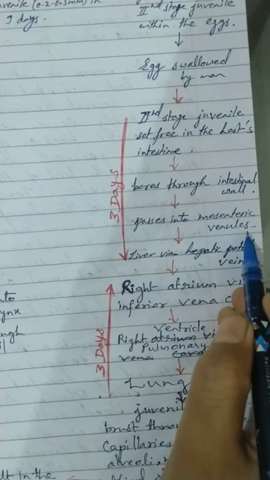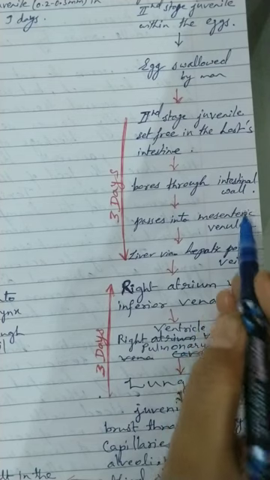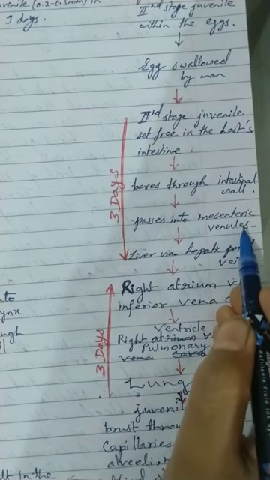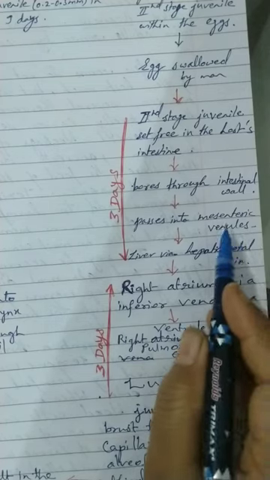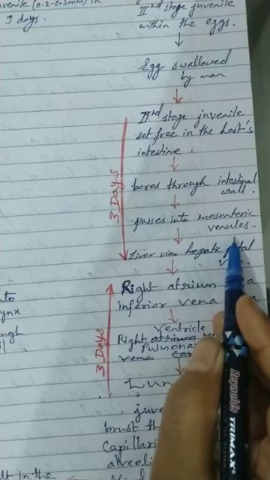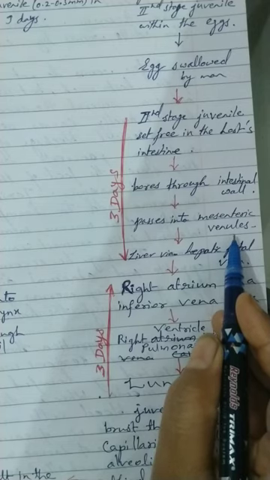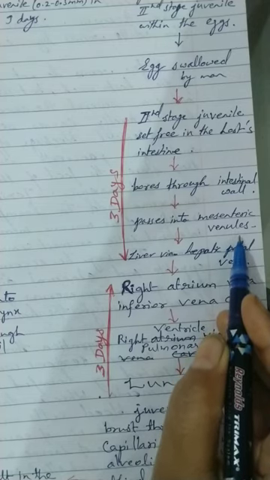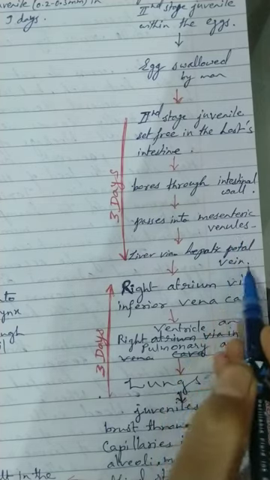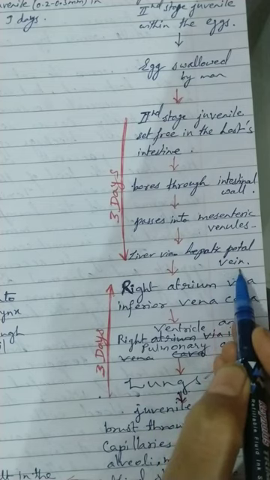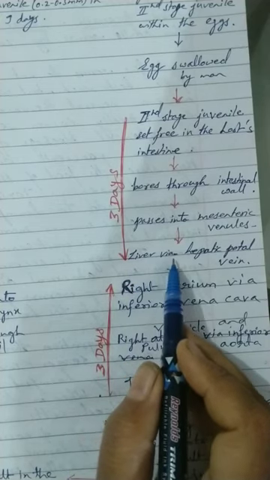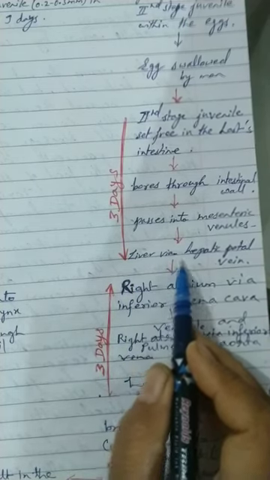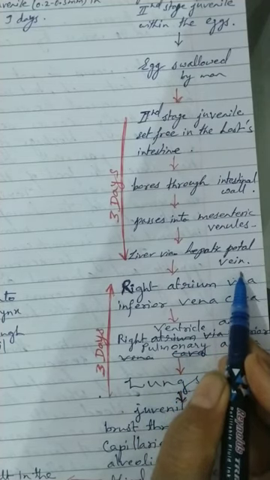Soon after boring the wall of the small intestine, the second stage juveniles pass into mesenteric venules. Mesenteric means intestinal venules. And hence into the hepatic portal vein. It enters into the liver through the hepatic portal vein.